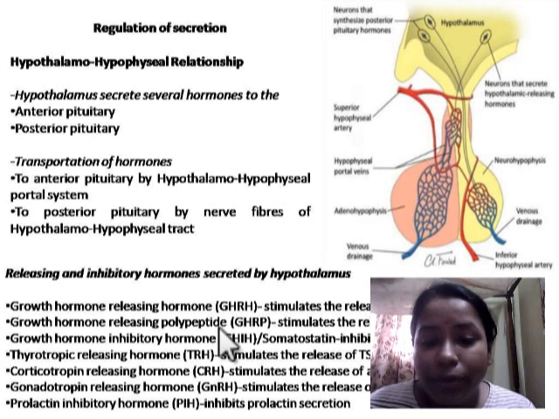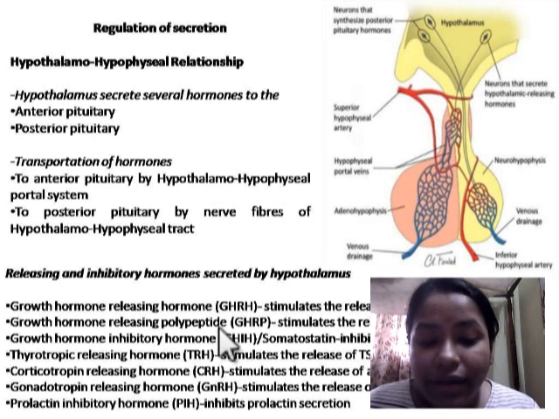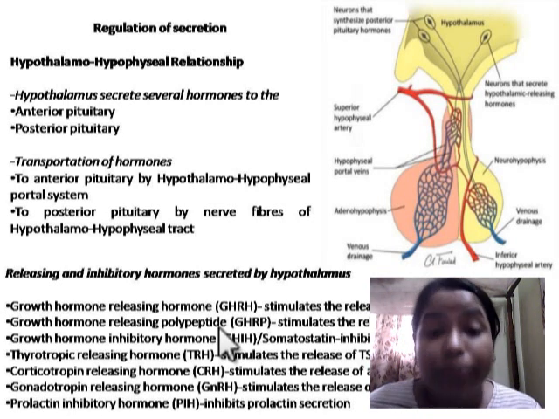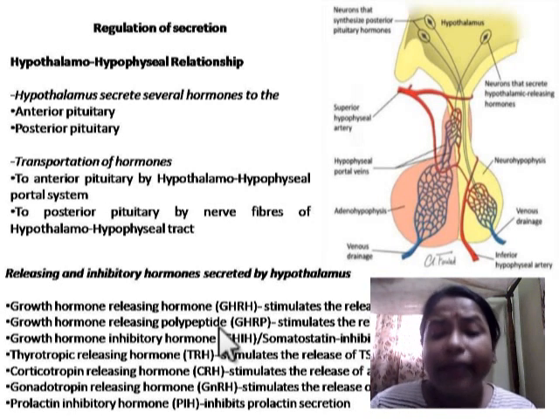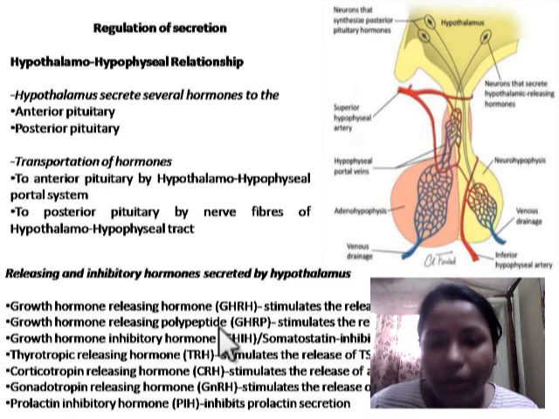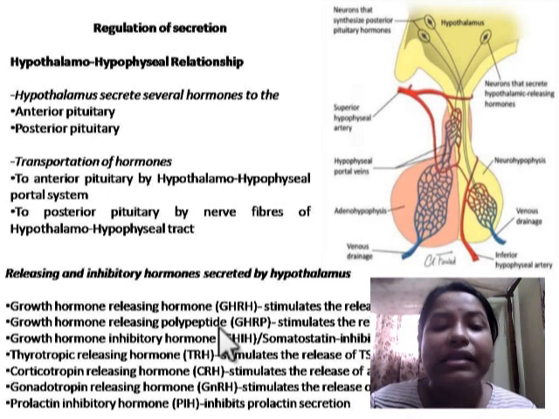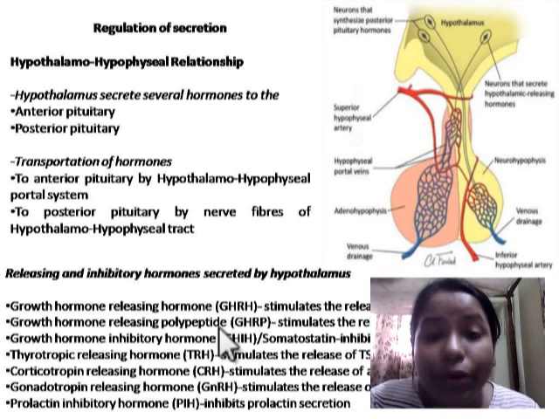Then the corticotropin releasing hormone, CRH, which stimulates the release of adrenocorticotropic hormone. Then the gonadotropin releasing hormone, GnRH, which stimulates the release of follicle stimulating hormone and luteinizing hormone. Then the prolactin inhibitory hormone, which inhibits the secretion of prolactin hormone.